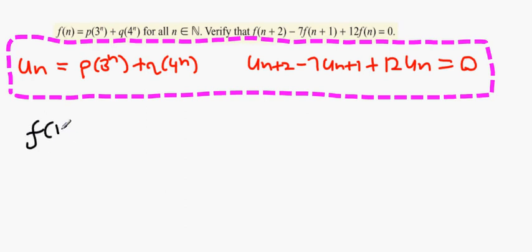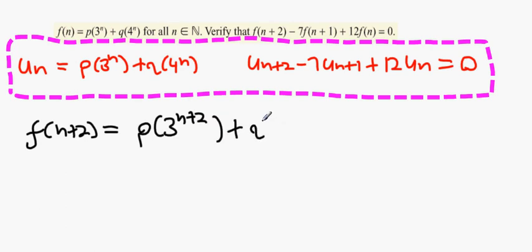To get f of n plus 2, or if I was getting u of n plus 2, I simply replace, that could be u of n, but it's not in this question. Anywhere I see n, I replace it with n plus 2. So I'm going to get p times 3 to the n plus 2 plus q times 4 to the n plus 2. I'm going to separate them out.